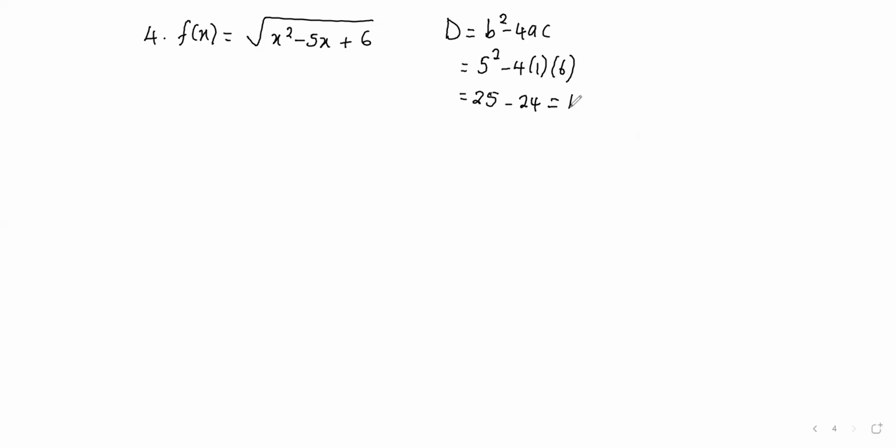So meaning that this guy has got x intercepts. So we can go ahead and say we want only the positive part of it. Okay. So we do this greater or equal to 0. So we're going to have x squared minus 5x plus 6 greater or equal to 0. So now you can complete the square and do the factorization.